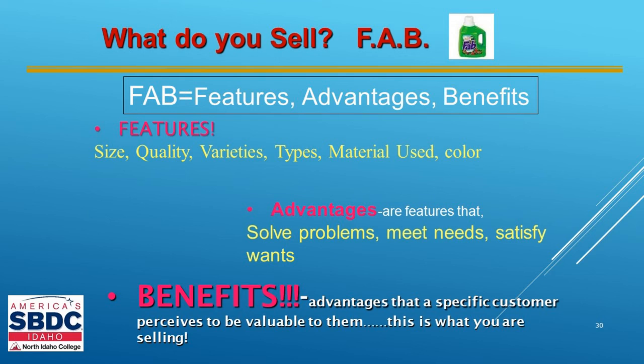Advantages are features that solve problems, meet needs, and satisfy wants. And finally, benefits are advantages that a specific consumer perceives to be valuable to them. And so this is what you're really selling: benefits.